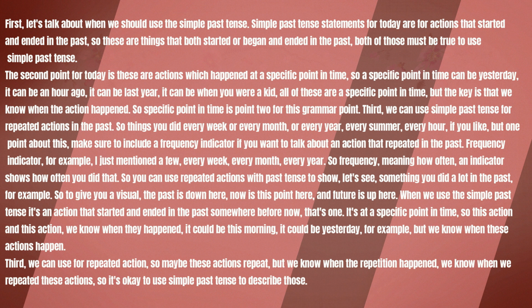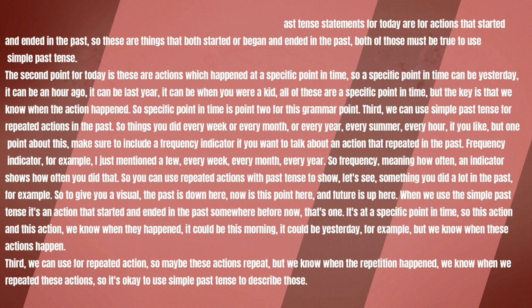For example, to give you a visual, the past is down here, now is this point here, and future is up here. When we use the simple past tense, it's an action that started and ended in the past, somewhere before now. That's one. It's at a specific point in time. So this action and this action, we know when they happened.